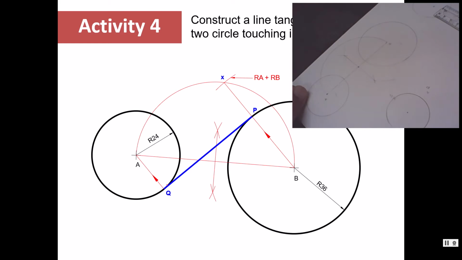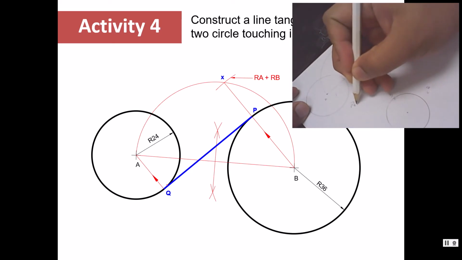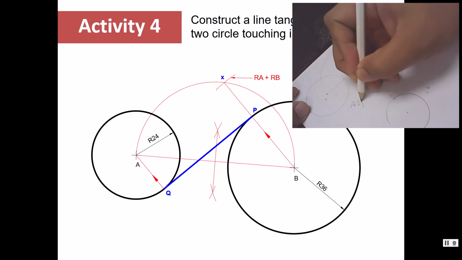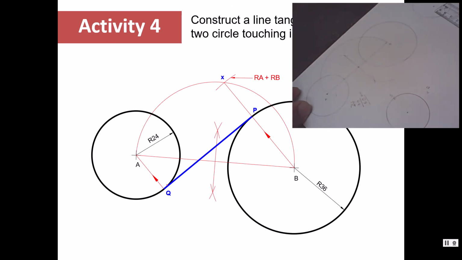Okay, now the next step is to find the X, which has the formula of radius A plus radius B. So 24 plus 36 equals 60. So the radius of the arc will be 60 mm.